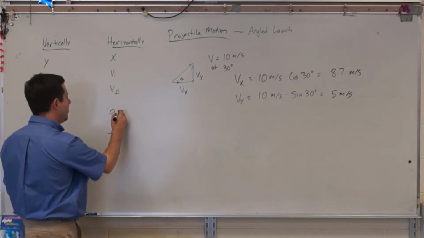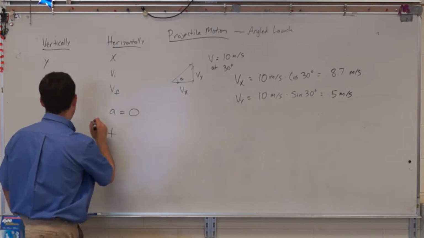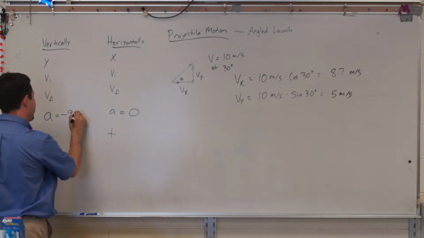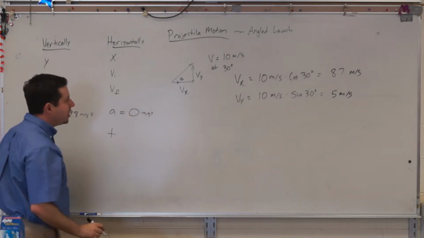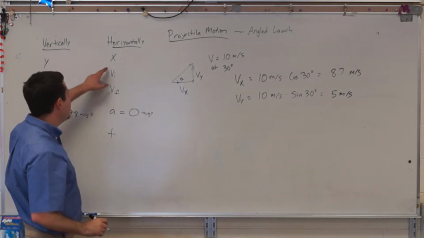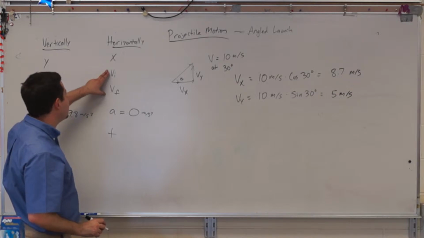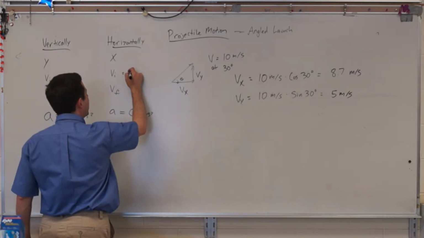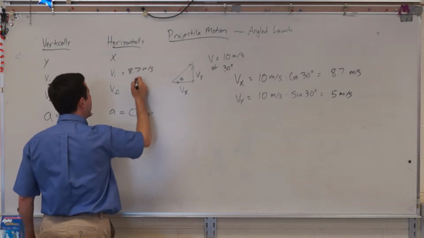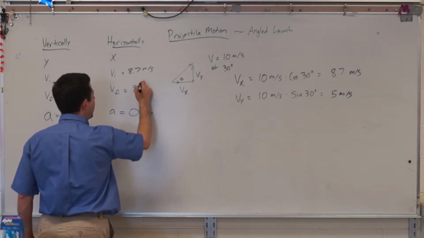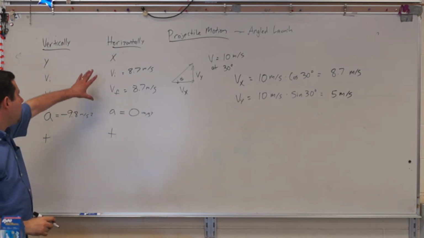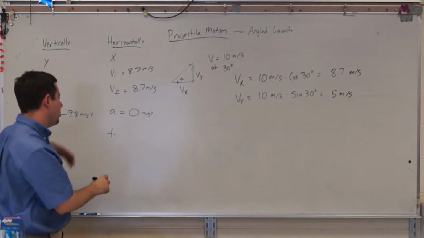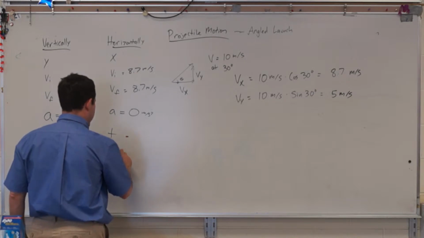And we know the acceleration here is 0, and the acceleration vertically is negative 9.8 meters per second squared. So what does this tell us? If that horizontal velocity, that velocity in the x direction, is 8.7 meters per second, then the final velocity has got to be 8.7 meters per second. And you can solve any horizontal problems with a simple constant speed equation.